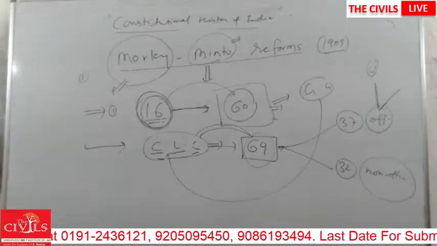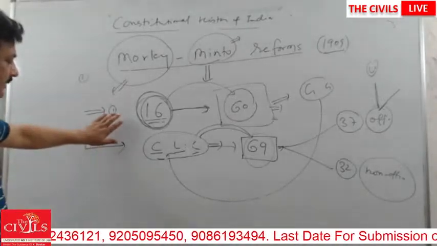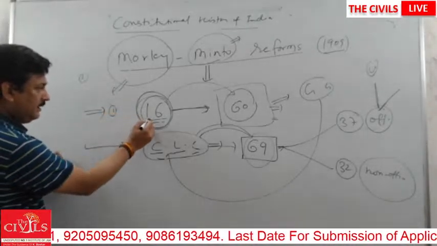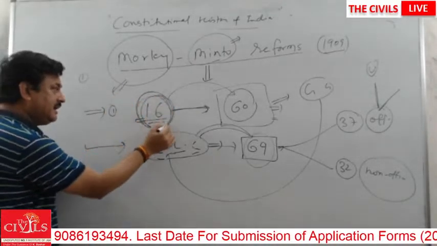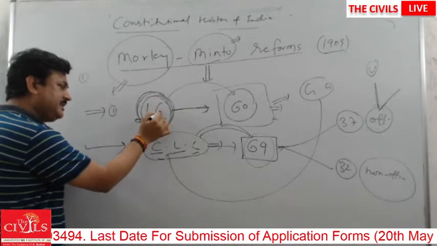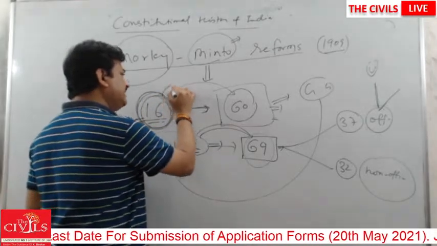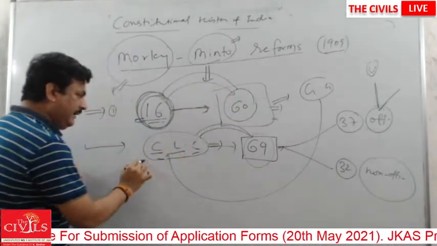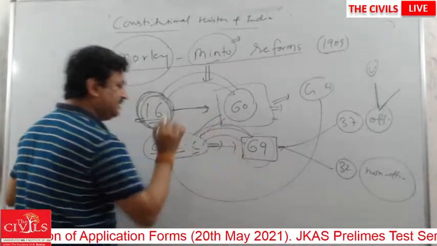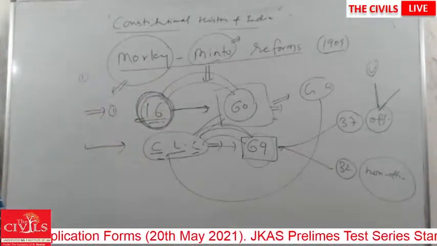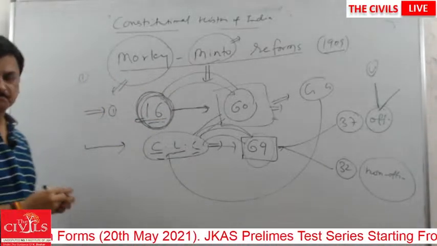I hope it is clear. The first two points: before this act, the Governor Council had 16 members. This number was increased to 60, and when this number was increased, this was also increased. It moved to 69.